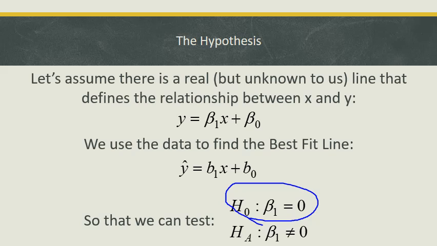So in order to test for a relationship, we need to assume in the null hypothesis that there is no relationship, that the true slope is equal to 0. And if we reject the null hypothesis, then we can conclude that there is a statistically significant relationship between the variables.